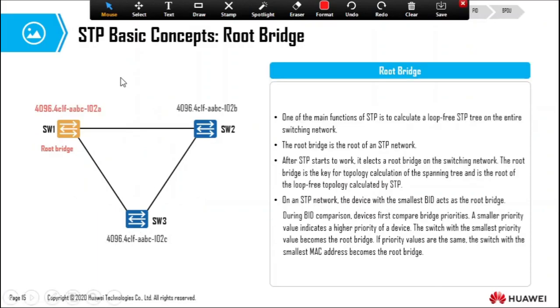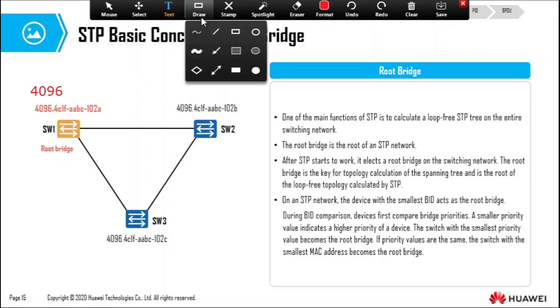So what she's asking is, if the bridge priority here is 4096, then the bridge priority here, what is 4096 times 2?